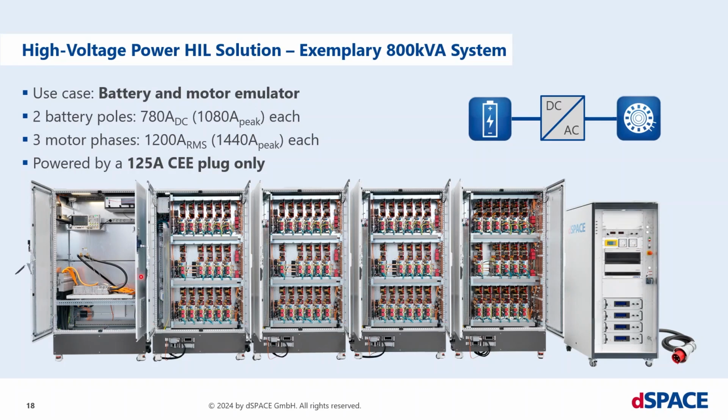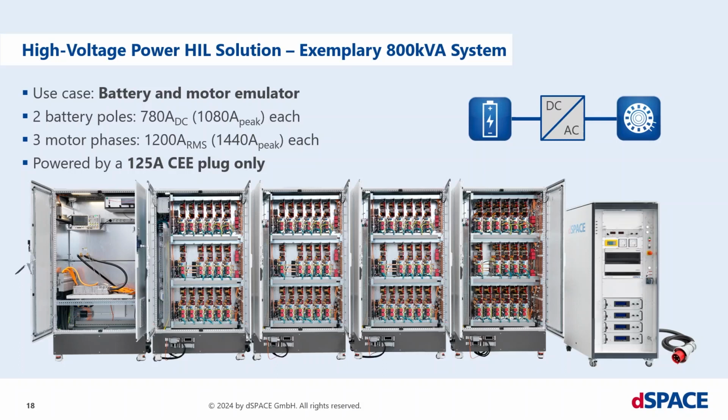You see we have exactly the same device under test cabinet on the left-hand side. Instead of 2 cabinets for the load modules, we now have 4 cabinets. And instead of having 2 high voltage power supply units, we need in that case 4. But you can also run the overall system, which is an 800 kVA system, with a 125 amps CE plug in your laboratory. That's a very cool environment because we only have to feed the power losses.